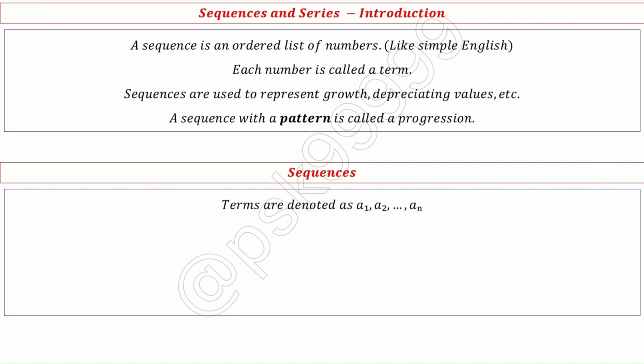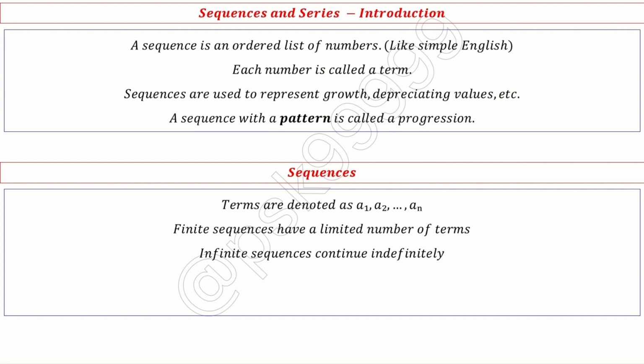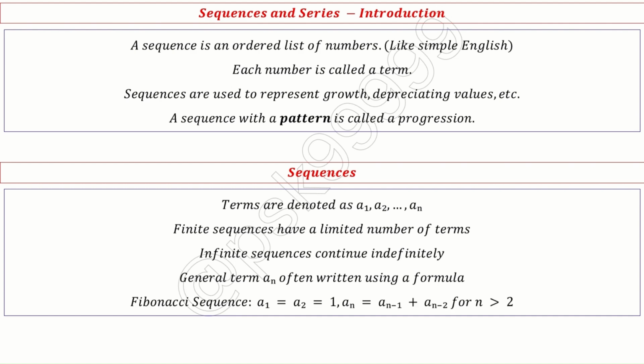Sequences are denoted by A1, A2, up to AN. A finite sequence will have limited terms. An infinite sequence will have infinite terms. The general term is often written using a formula of AN, but it need not be true for a sequence. It's mostly for a progression.